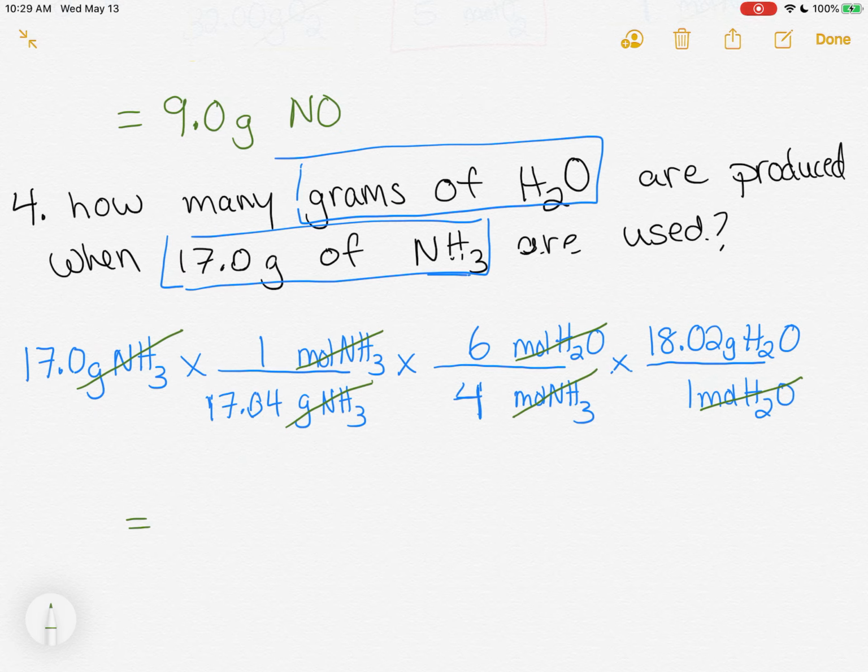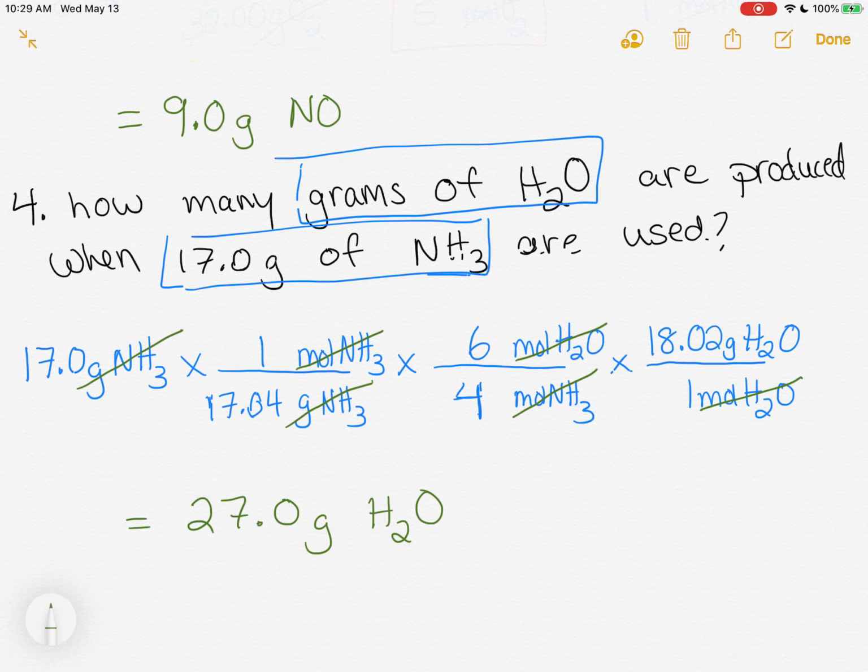So then when we do that math, we're doing 17 divided by 17.04, multiply by 6, divide by 4, multiply by 18.02, we get 27.0 grams of H2O. Okay, and so again, we're using those 3 conversion factors in a row.